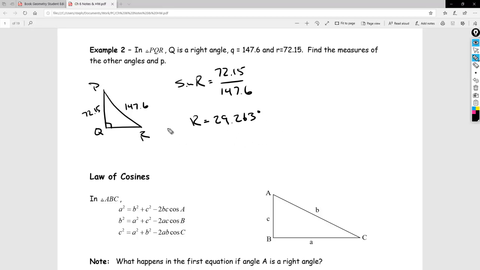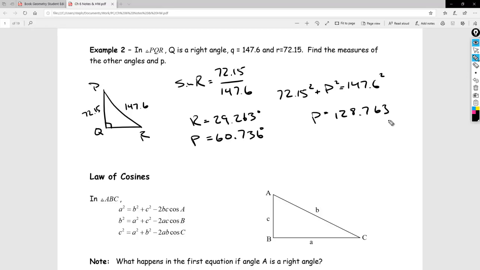Okay, solving for P, I can just again subtract and find the complement. So P must be 60.736 degrees. And using the Pythagorean theorem, I know that 72.15 squared plus P squared must be 147.6 squared. So P must be 128.763.